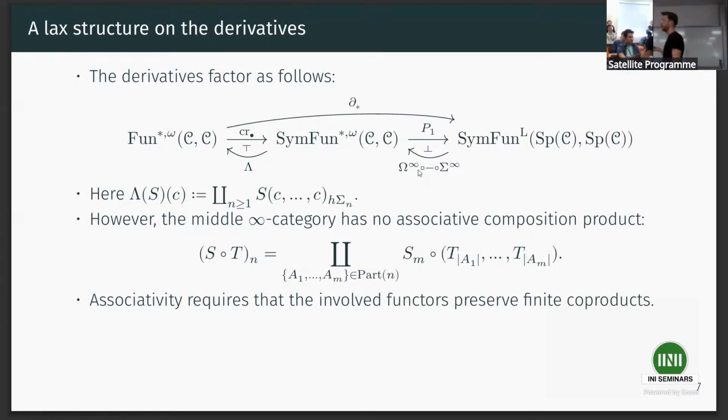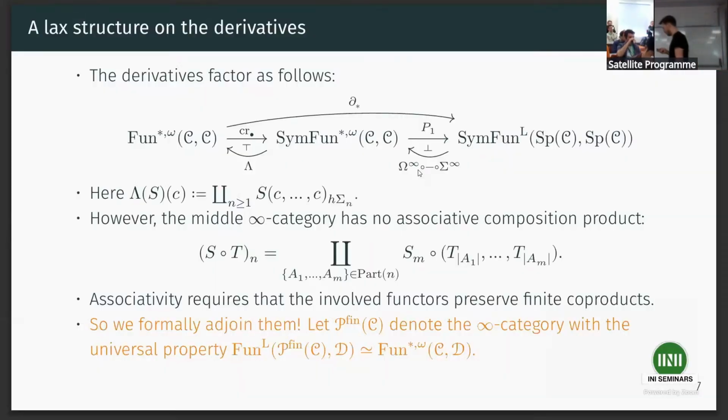But it turns out there's a very easy trick to work around this, which is unfortunately harder to implement than we thought at the start. We would just add them. So instead of working with actual co-products in this category, we just enlarge the category by formally adjoining finite co-products, and then we work there.